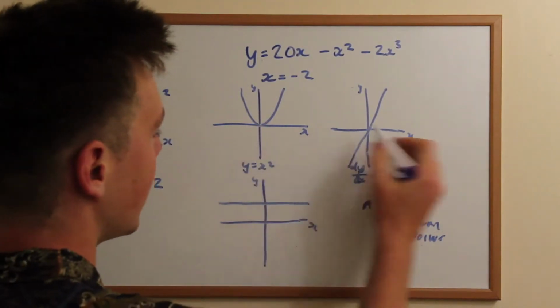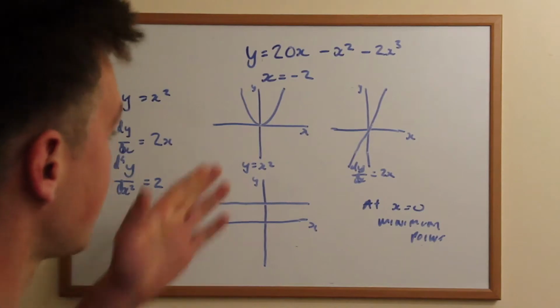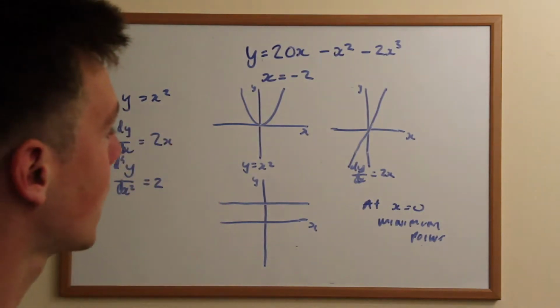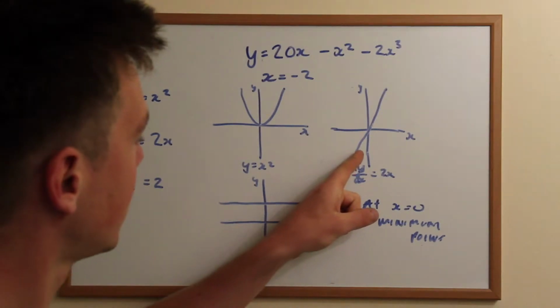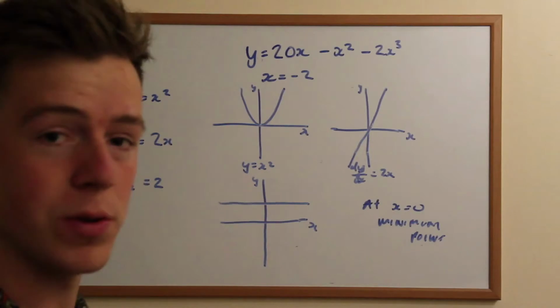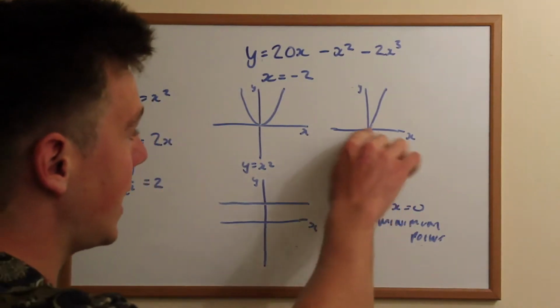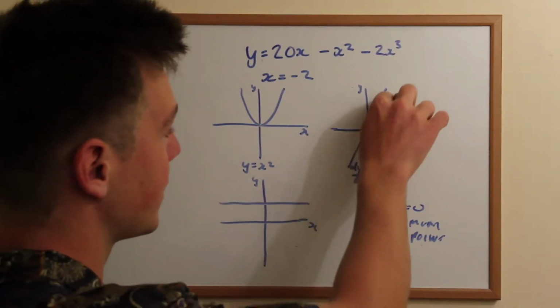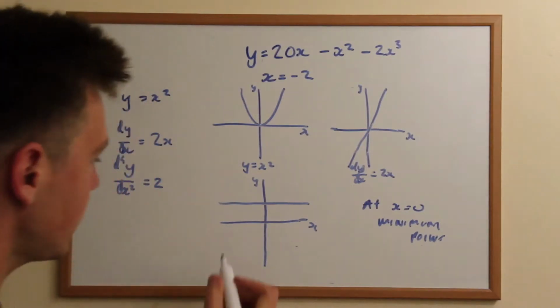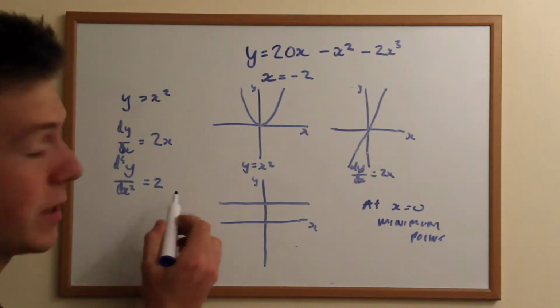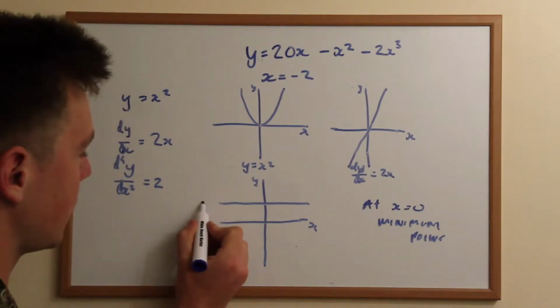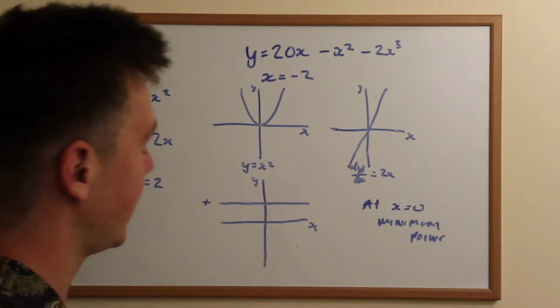Now, we know that's a minimum point. So this part of the graph says we're approaching a level point, and then we're going on the other side of it. So we know that d2y by dx squared equals 2, and that's positive 2, so this is a positive value.